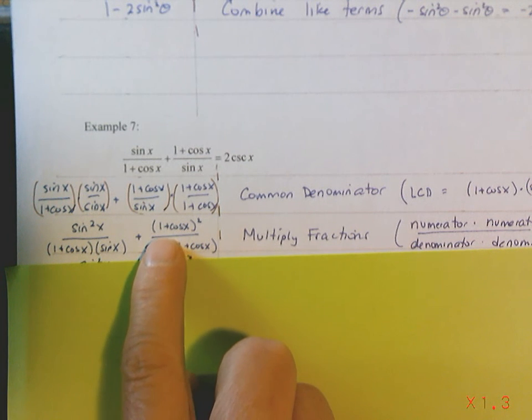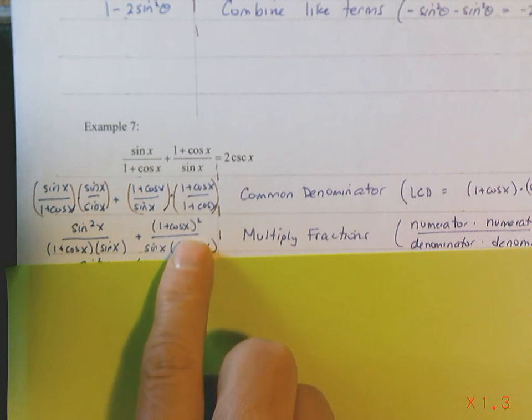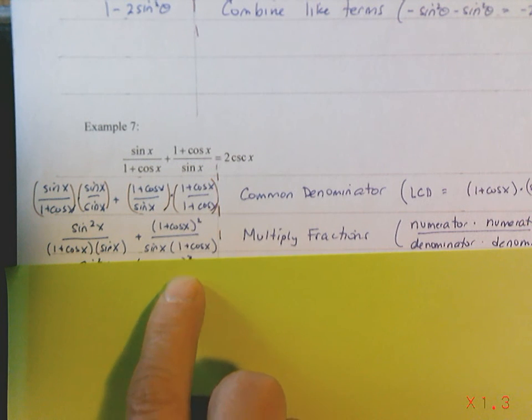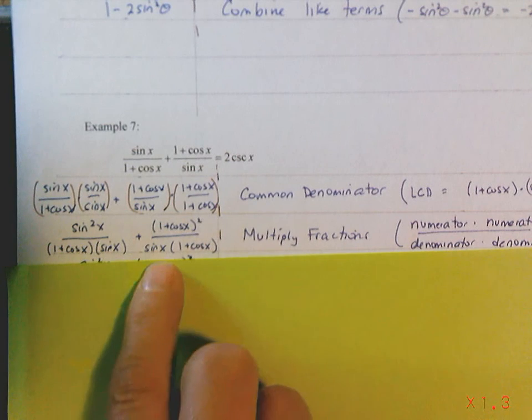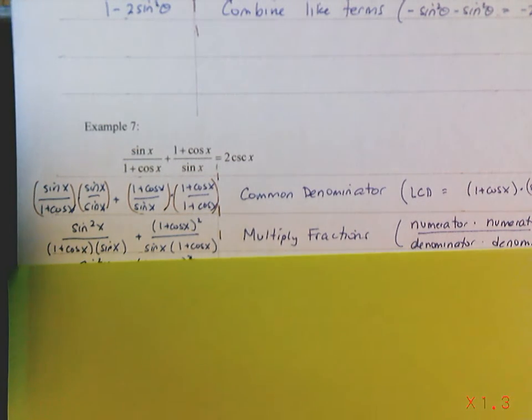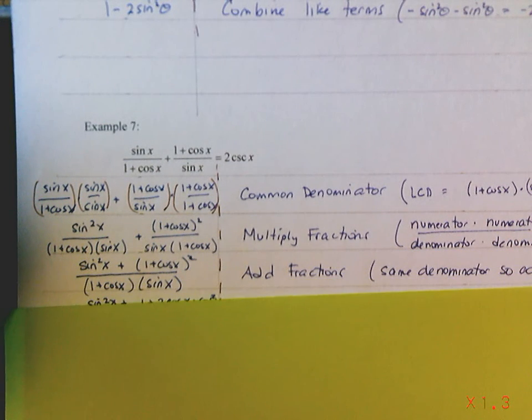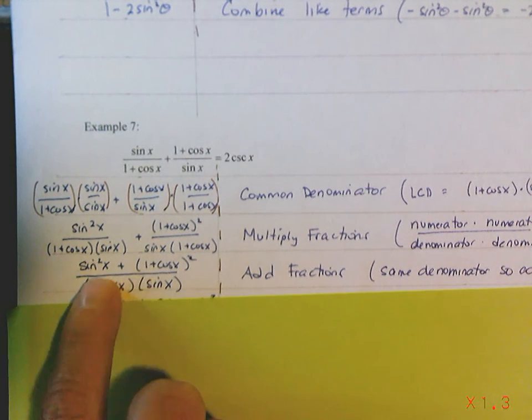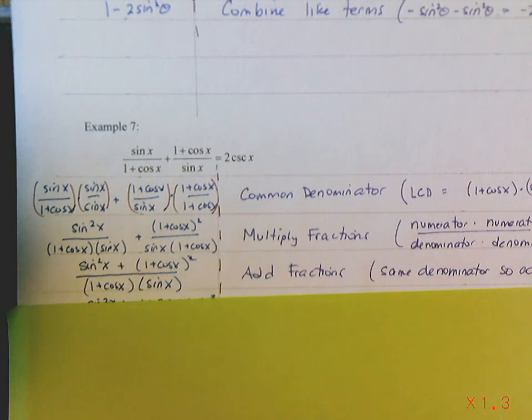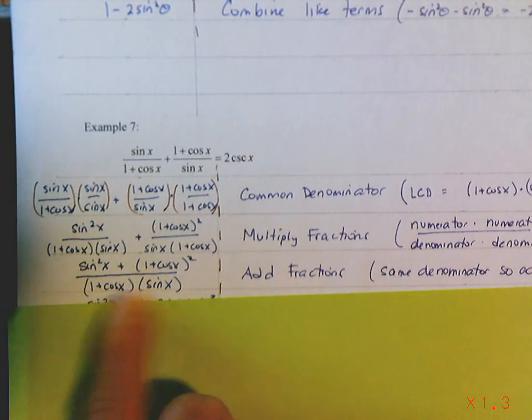My numerator on the second fraction, 1 plus cosine x times 1 plus cosine x, will be 1 plus cosine x squared. And my denominator I'm not going to multiply. When I'm adding fractions, I add the numerators and the denominators stay the same. So I have sine squared x plus 1 plus cosine x squared. Denominator stays the same.